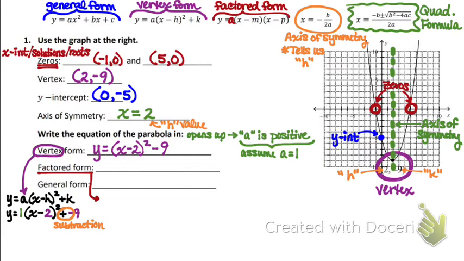My factored form, y equals A times x minus m times x minus p. M and p are just stand-ins for those numbers. We are going to look at the roots, at the zeros, at those x-intercepts. So y equals, what's our A value again? 1, so y equals 1.